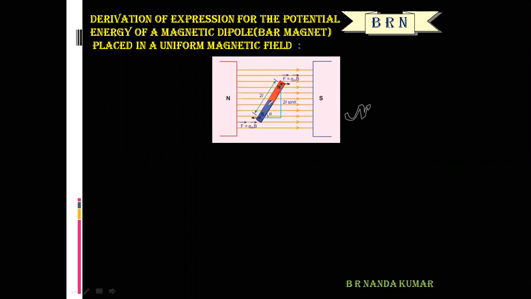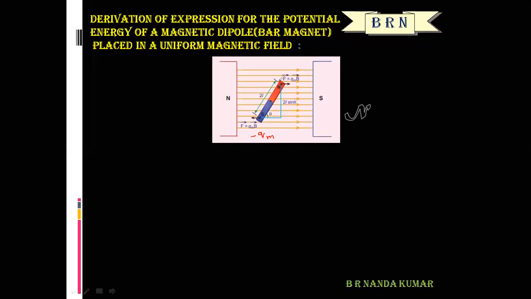Each and every magnet has two poles, south pole and north pole.